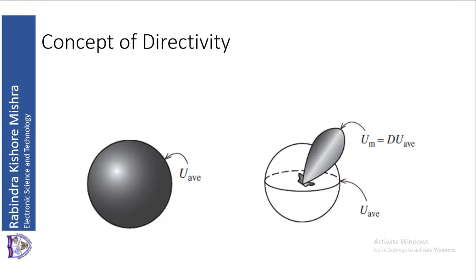We show that Um is equal to D times U average, which will always be greater than U average, because the antenna is designed so that it radiates in a particular direction. So D is greater than 1. By definition, D is equal to Um omega by 4 pi over P, which we are going to use.